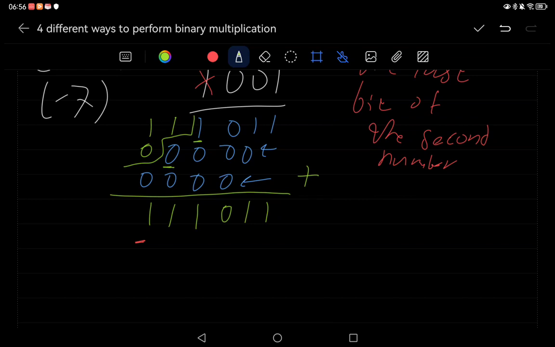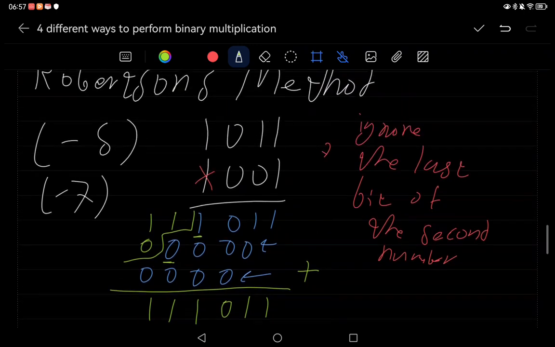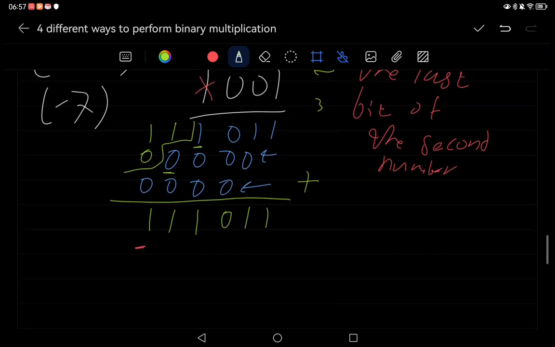I will extend it to a 7-bit number, because here I started with 3 bits multiplied with 4 bits, so I need to get 7 bits, and here I have just 6, so I will extend it by repeating the last number, or the most significant bit.